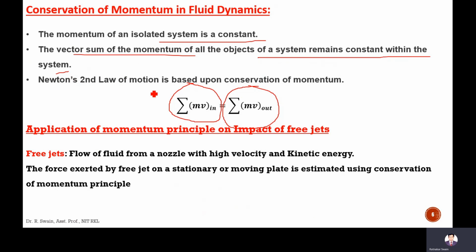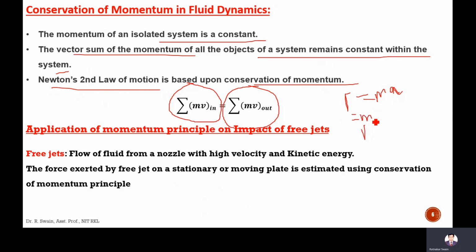Means in a system, the sum of momentum of all the objects remains constant. This principle gives Newton's second law of motion, which says that the net force is the rate of change of momentum. This principle is based on conservation of momentum, which is F equals mass into acceleration, that is rate of change of momentum, or impulse.